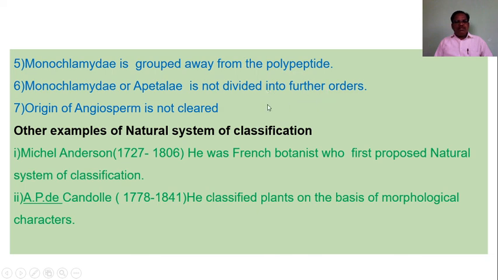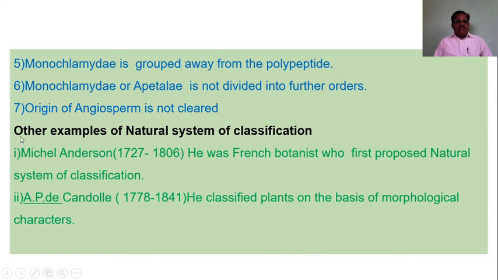This is one type of drawback, and the origin of angiosperms is not clear. How the angiosperms originated is not clear. So these are the different demerits given by different scientists.